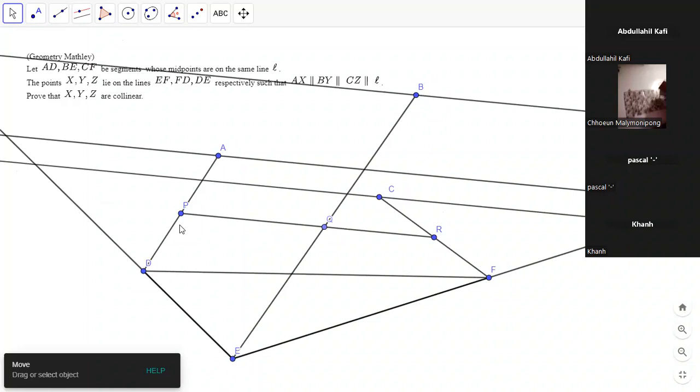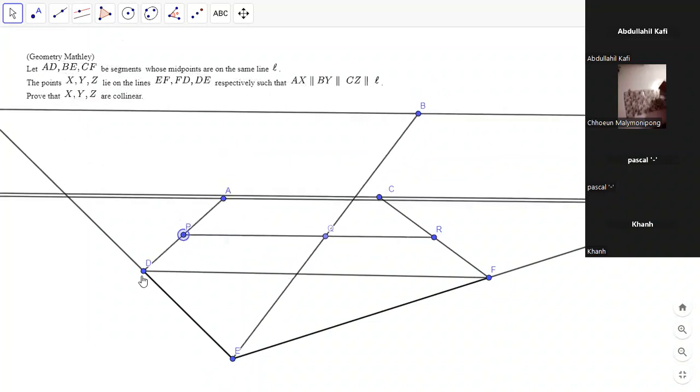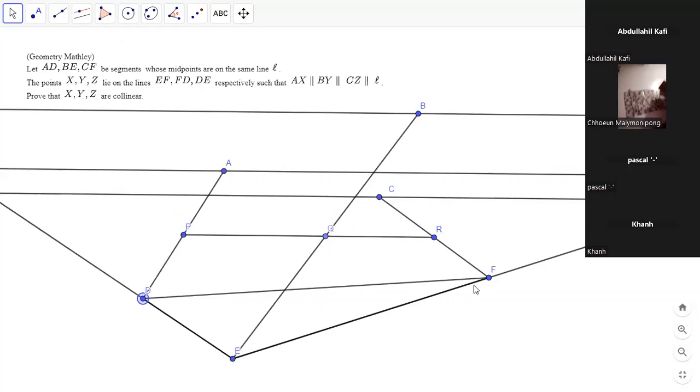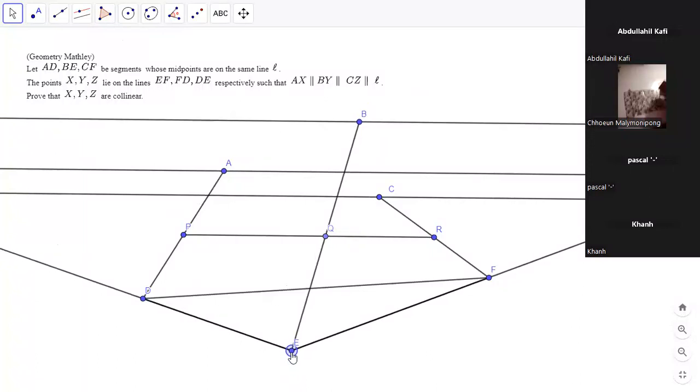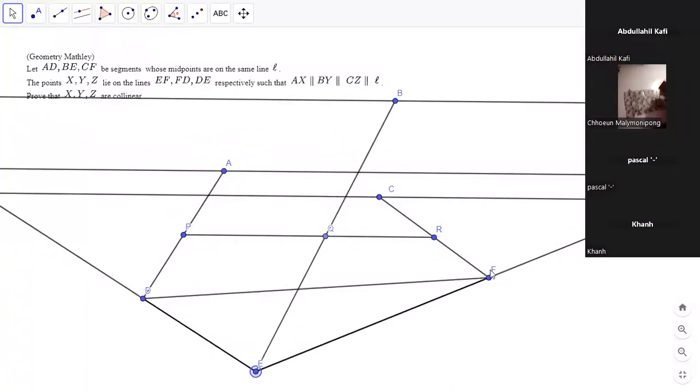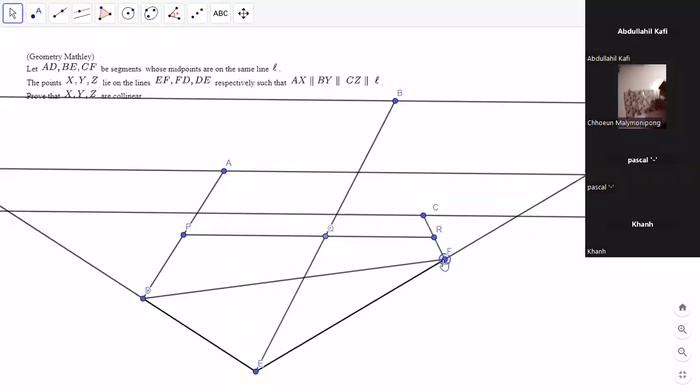I'd rather PR be horizontal, and then, okay, so basically we draw these 3 parallel lines and we want to see where they meet these 3.